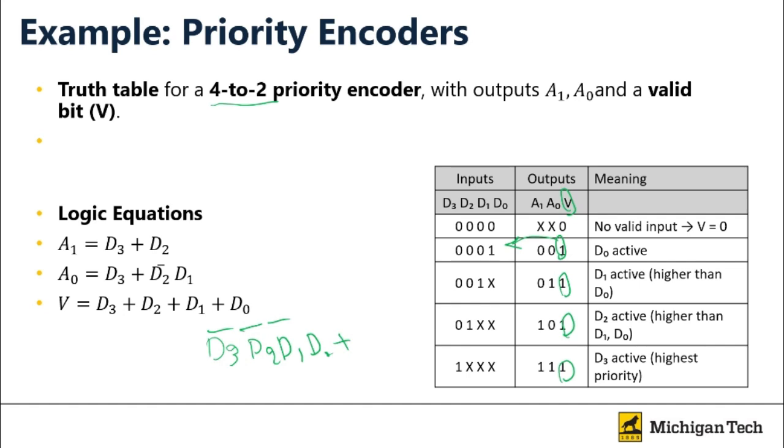Plus, for the second one, D3 bar, D2 bar, D1 plus D2 bar, D1. Oh, sorry.